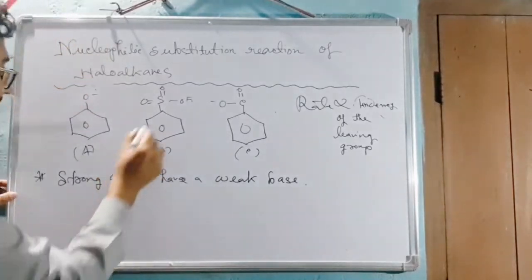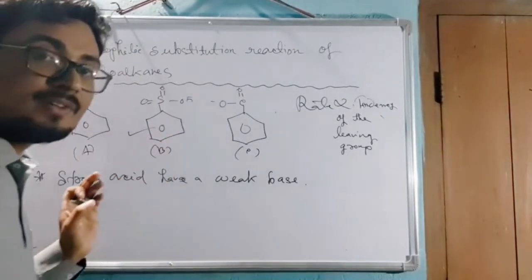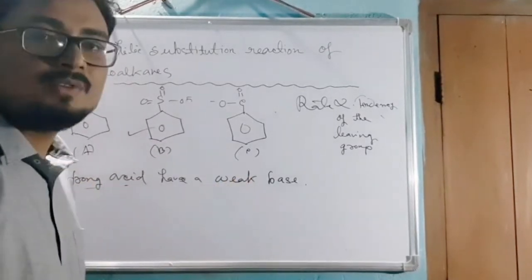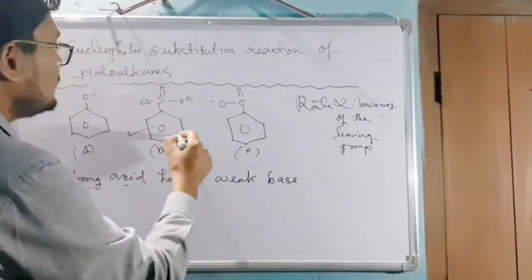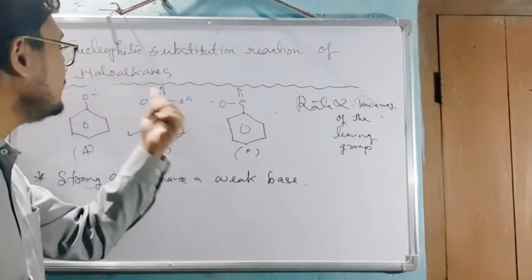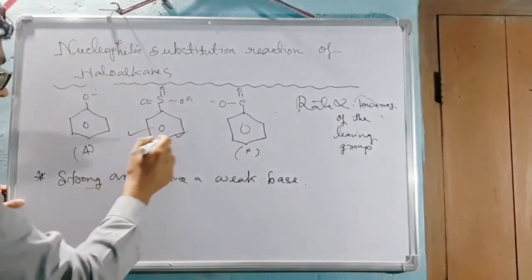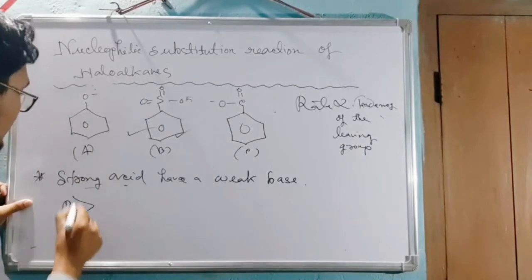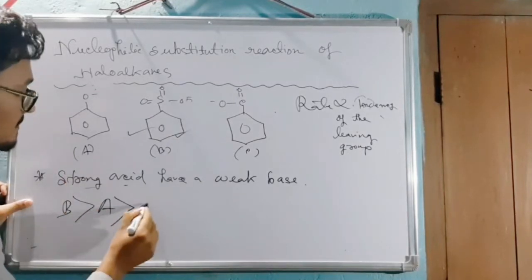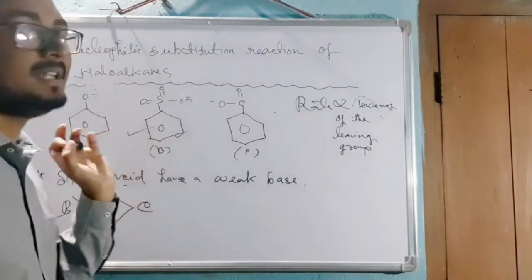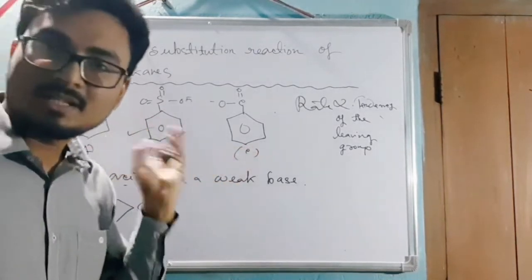We all know that benzene sulfonic acid is a strong acid. So strong acid means it will have a weak base, so it will have a better leaving group. This is a better leaving group. So B comes first, then A, then C. So benzene sulfonic acid is a better leaving group among these three.